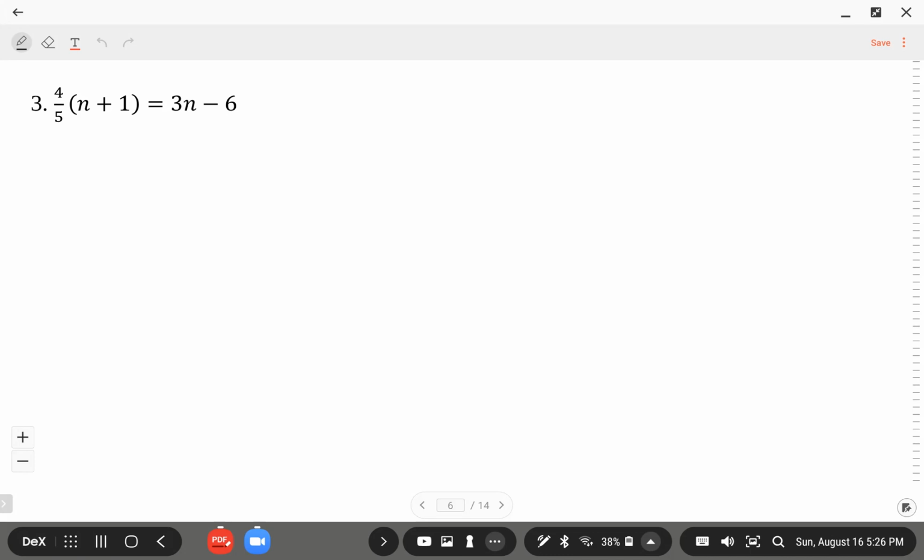But please don't forget inverse operations, okay? There is a way to simplify this without fractions, okay? So once you figure out that method, it becomes very, very easy. So don't forget inverse operations. This will help you a lot during this equation, okay?